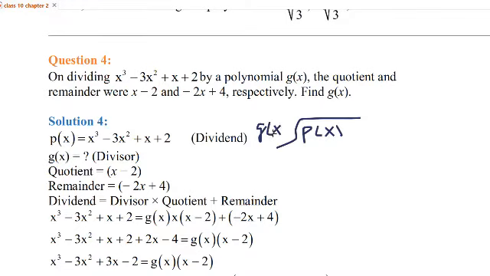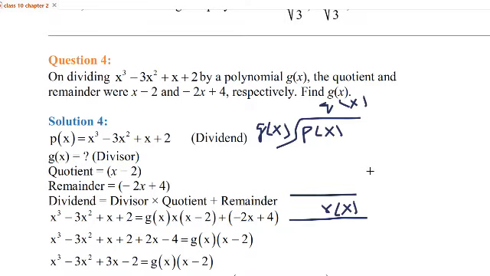The divisor is not given, but the quotient is given as x minus 2, so that is good. Quotient is x minus 2, and the remainder is given as minus 2x plus 4. Let us call it rx.